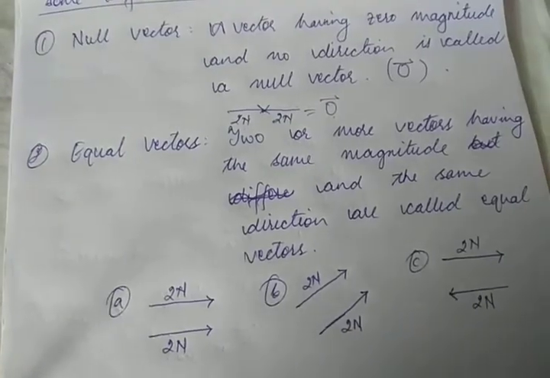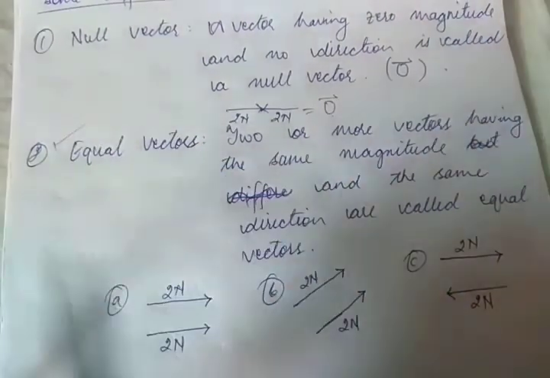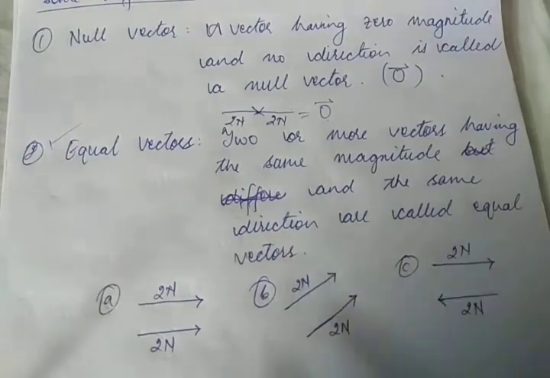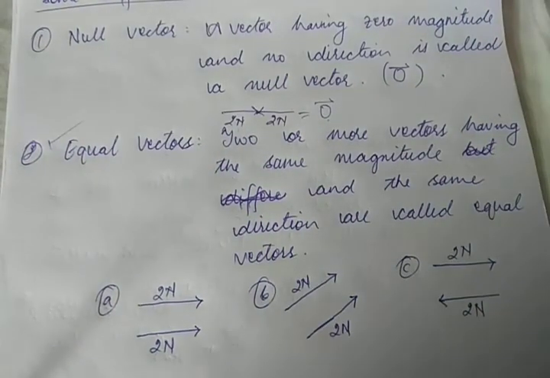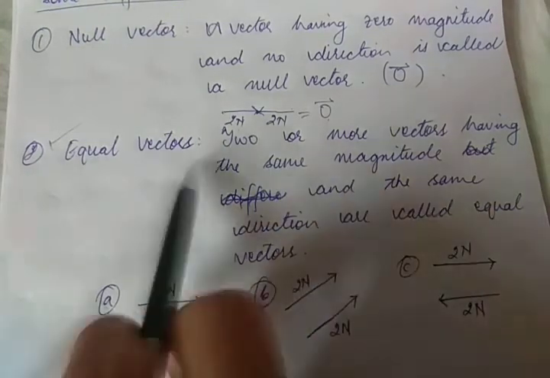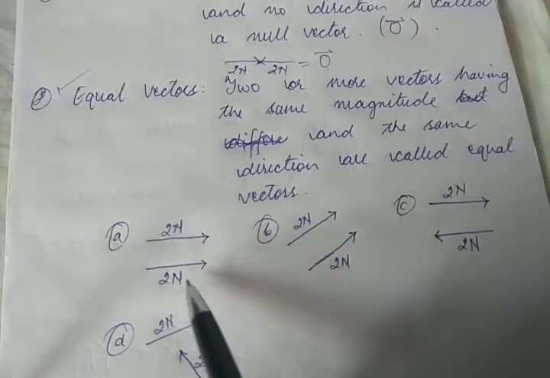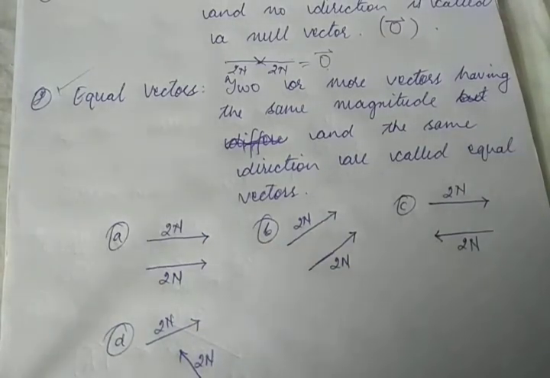Another thing is equal vectors. Very important for you to understand equal vectors. Two or more vectors having the same magnitude and the same direction are called equal vectors. For two vectors to be considered equal vectors, they have to have the same magnitude, of course. They also need to have the same direction, remember that.